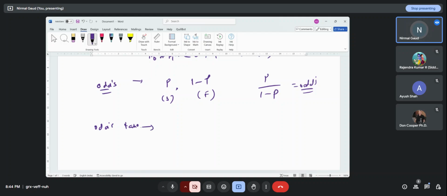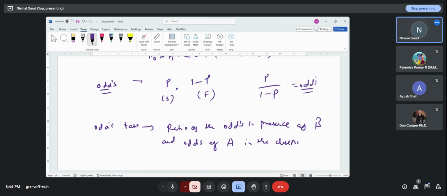Odds ratio is the ratio of the odds in presence of B and odds of A in the absence of B, and vice versa.